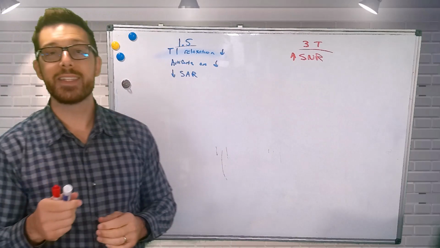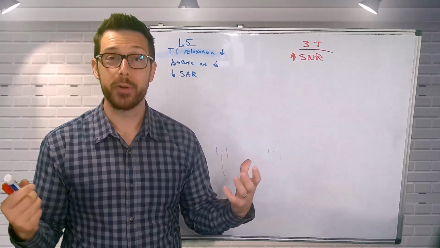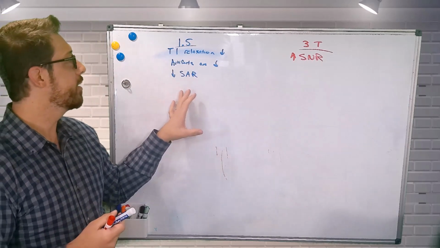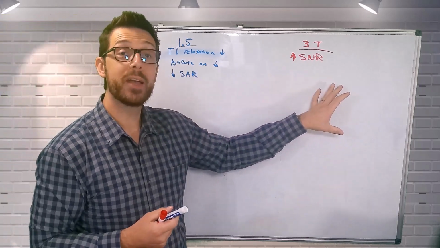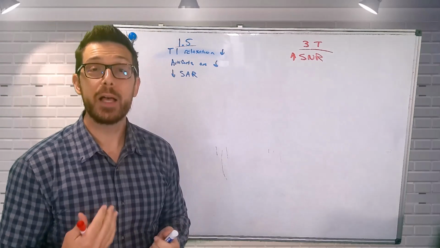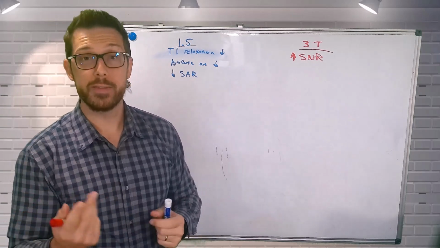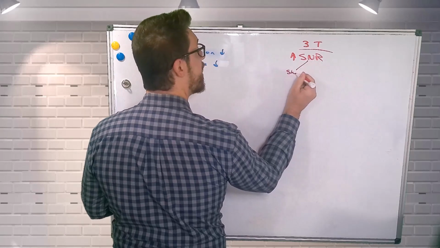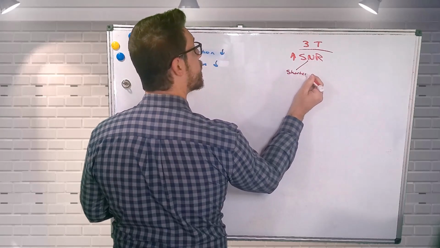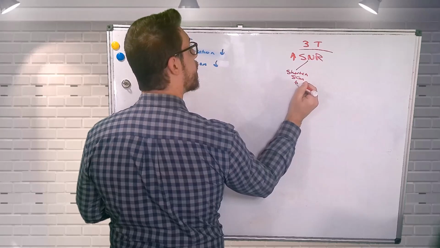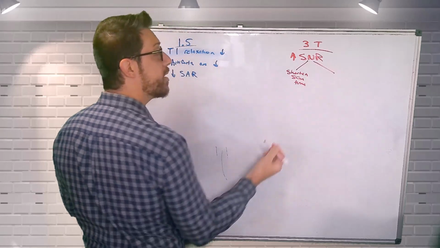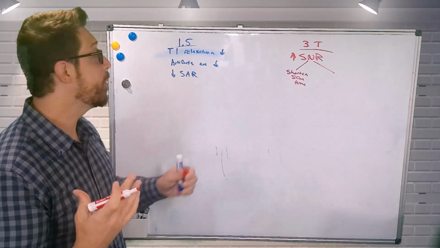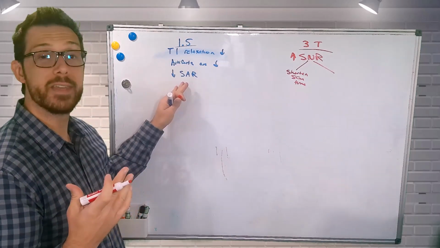Another thing that we have to consider is the scanning parameters. If we are scanning at 1.5 Tesla versus 3 Tesla, we know that at 3T we get more signal to noise. What that allows us to do is one of 2 things. It allows us to either shorten our scan time, or achieve higher resolution in the same period of time it would take us to run the same sequence at 1.5.